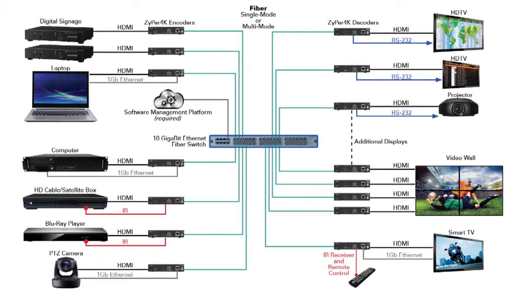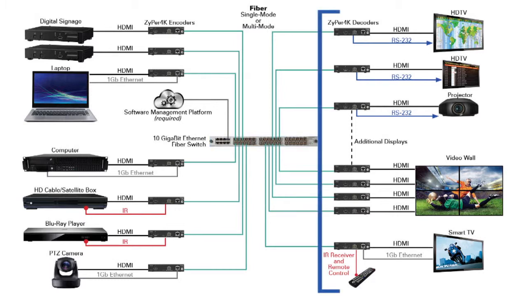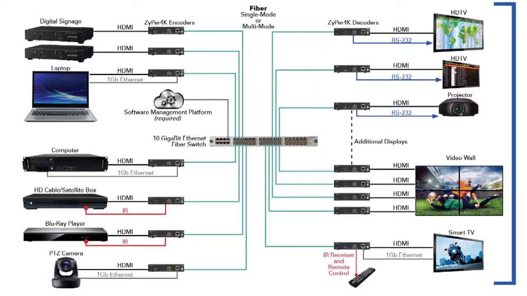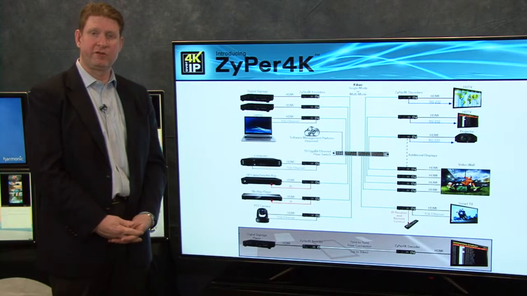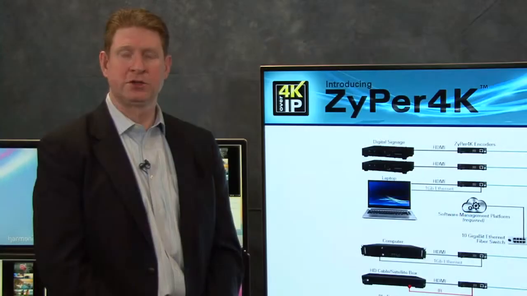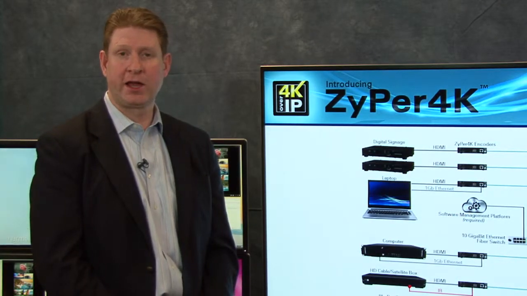We pass those through the 10 gigabit Ethernet switch and then out to the display end where we have our ZyPer 4K decoders, and irrespective of whether you have a flat panel display, a projector, and even if you're using our product in a video wall application, we have the ability to display all those sources across the network, in fact up to about 60 kilometers between the source and destination. So this is a revolutionary architecture, something that is very different from the existing systems in the market. So why don't we show you the capabilities of ZyPer 4K?